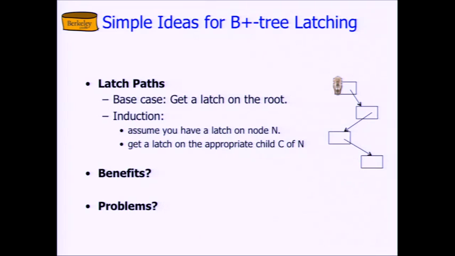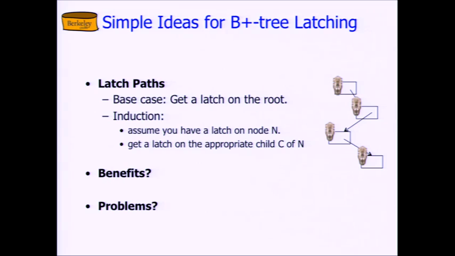So here's some simple ideas for B+ tree latching. The simplest idea would be a sort of inductive thing where as the base case you get a latch on the root. Once you get the latch on the root, by induction, if you have a latch on some node, then you get a latch on the appropriate child as you're searching down your path. Okay? Because when you have a node latch, you can decide which child to visit, because no one's going to change the page while you're looking at it.